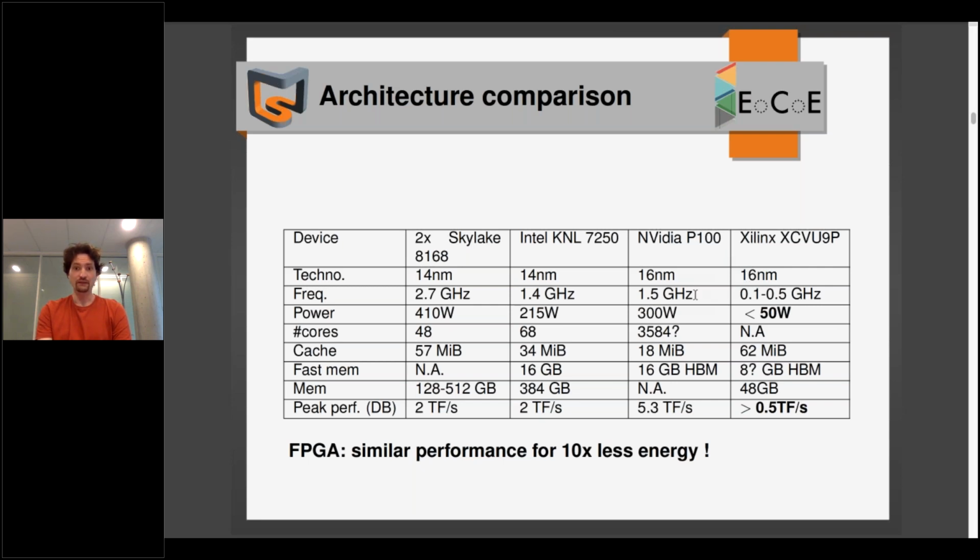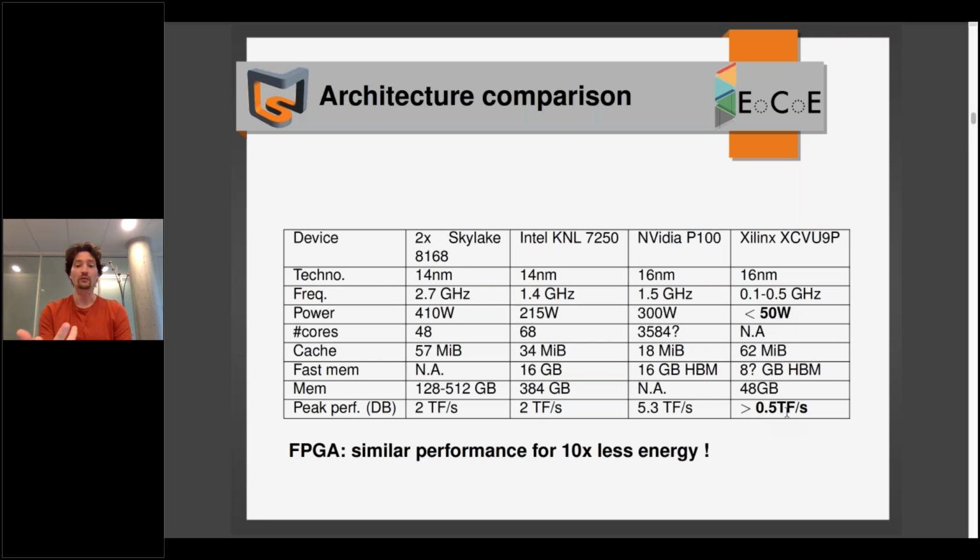They are operating at very different frequency and have therefore very different power requirements. So that's the big advantage of FPGA compared to other architectures of processors: the power envelope of a single FPGA can be below 50 watts.